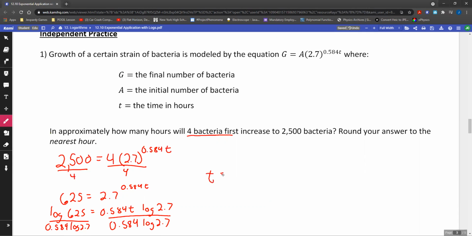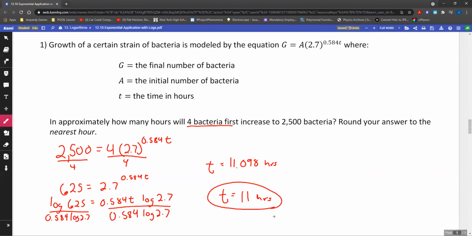So I get that t equals log of 625 divided by 0.584 times log of 2.7, and I got 11.098 hours. So to the nearest hour, it's going to be 11 hours.